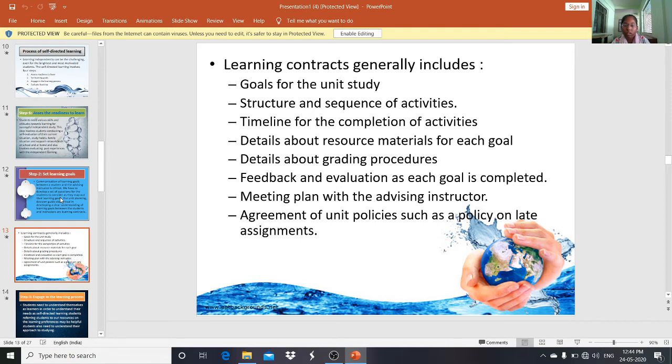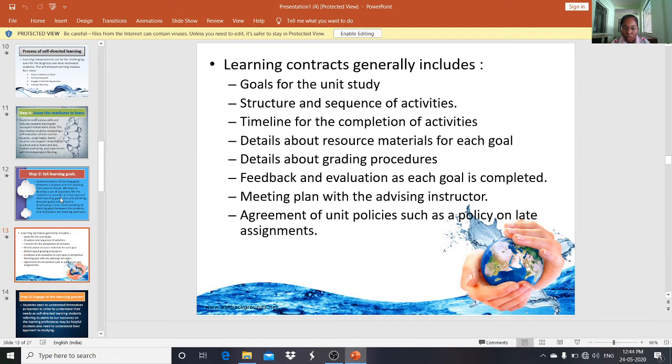And details about the resource material for each goal. We have to gather all the details and information from the resource material. Then details about the grading procedures. Regarding the grading procedures and the resource material, we have to gather all the information. Next, feedback and evaluation.